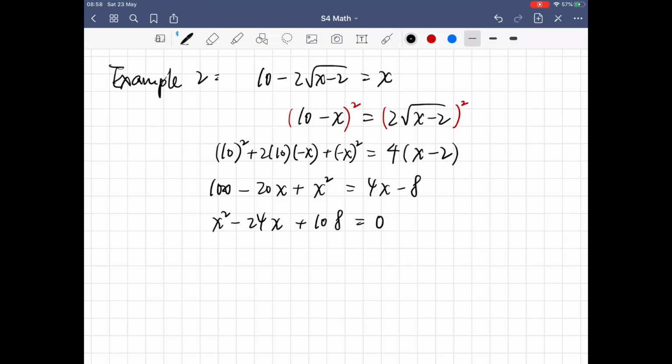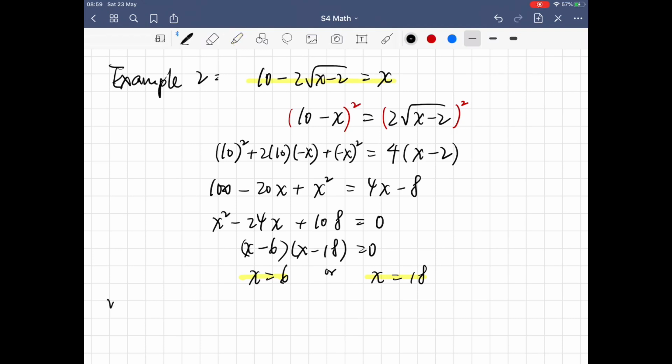And again, we do the factorization. x minus 6, x minus 18 equals 0. And we form two answers: x equals 6 or x equals 18. Again, we have to check the answers, to make sure that they are consistent with the question.